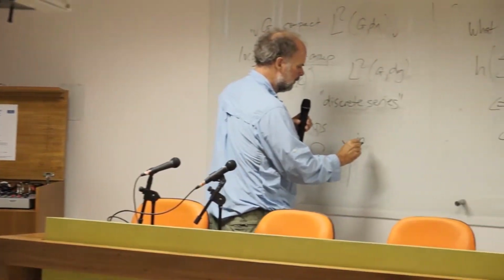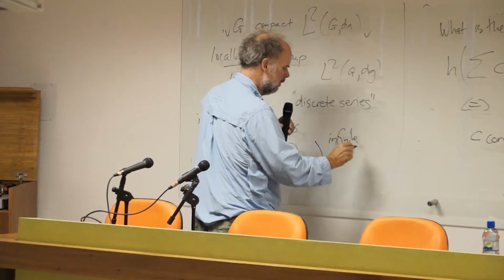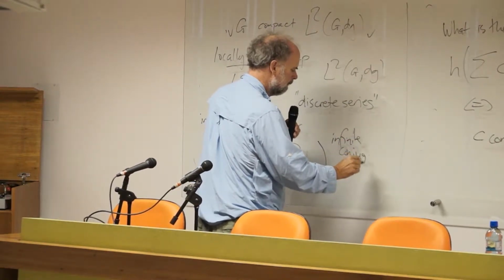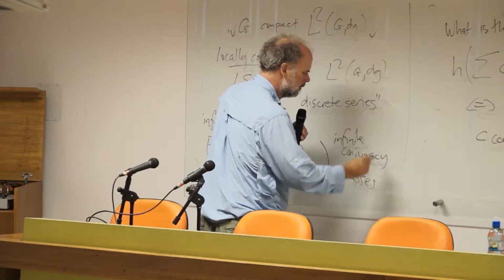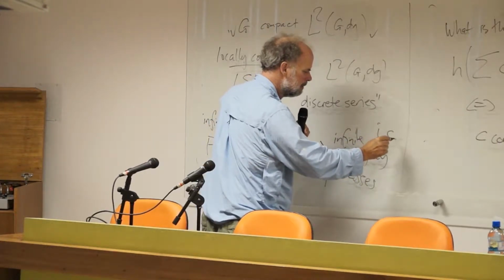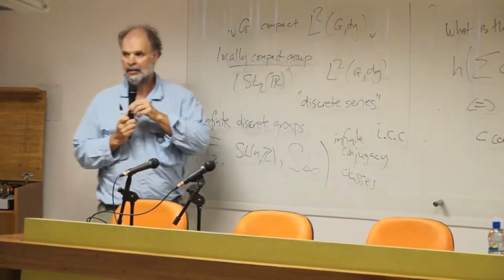As soon as you conjugate by something that's not a power of the element you started with, it's going to be different. It's easy to check with the other ones as well: these groups have the property that all of the conjugacy classes are infinite. So they're groups that are called ICC, infinite conjugacy classes.